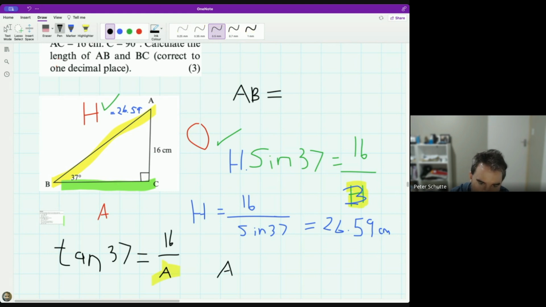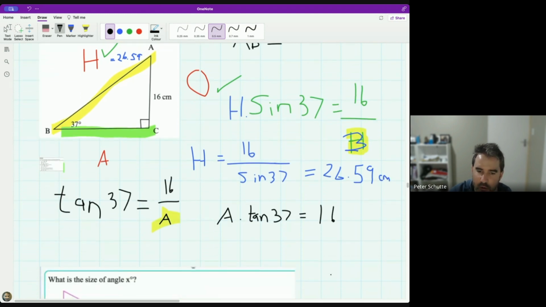And when I do that, I'm going to have the tan of 37 next to it. So tan 37, and that is then going to be equal to 16. And you can see where I'm going with this, because now the A, or the length of BC, is going to be equal to 16 divided by the tan of 37.